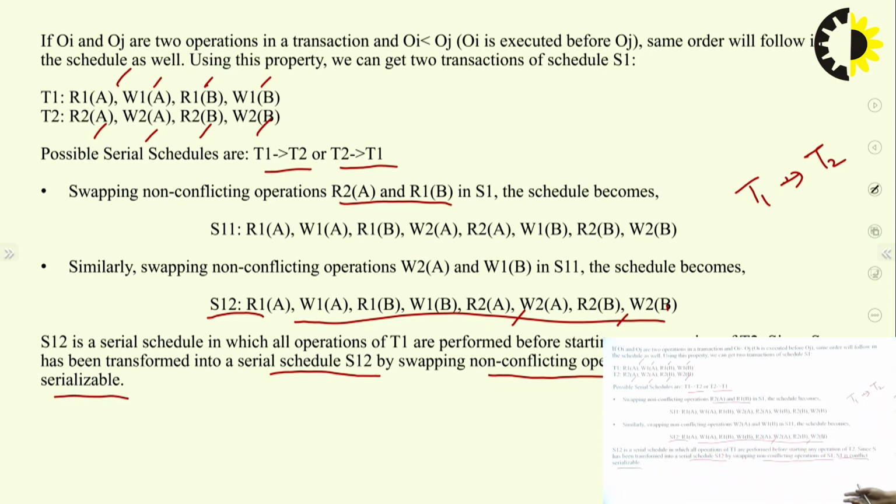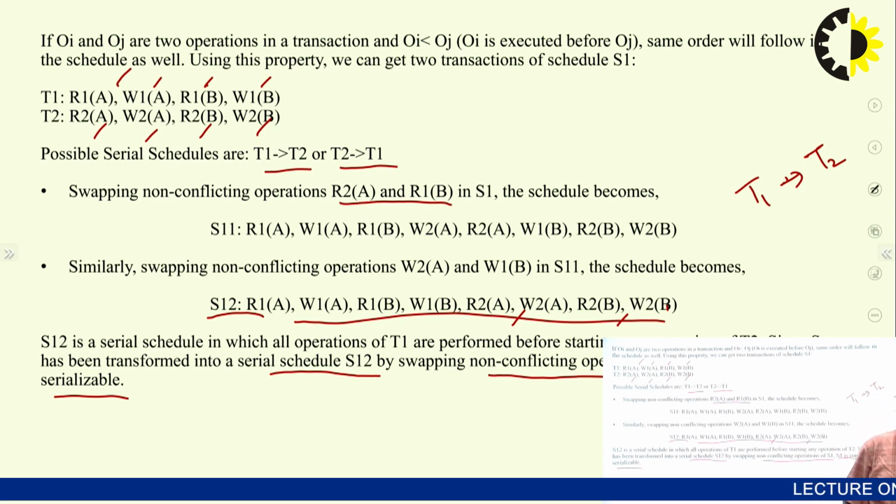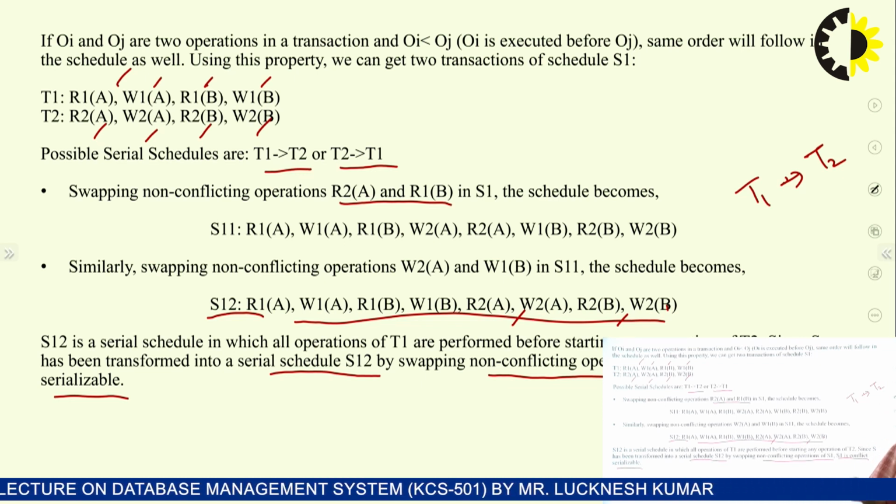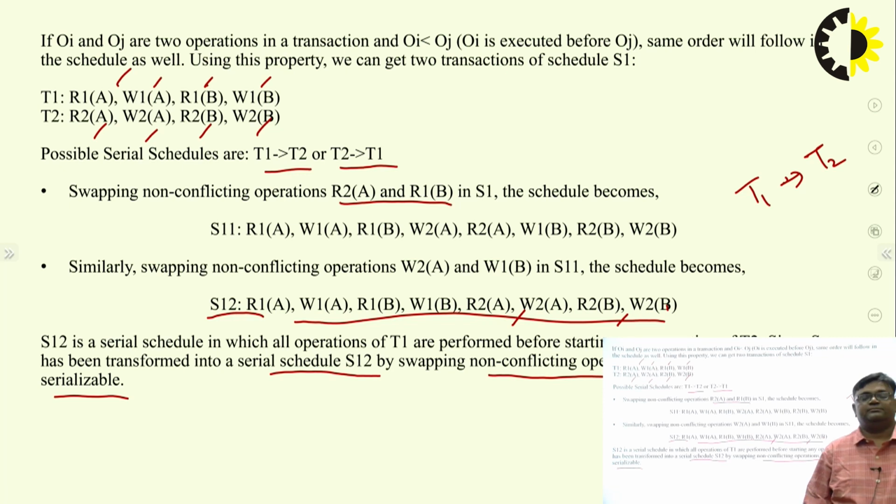So, we can prove that its output behaves like a serial schedule by swapping non-conflicting statements. We can also check it by developing a graph, where we can see whether it is conflict serializable or not.